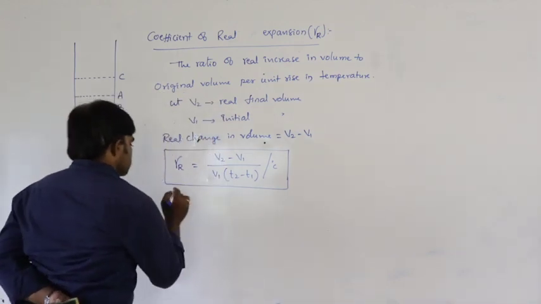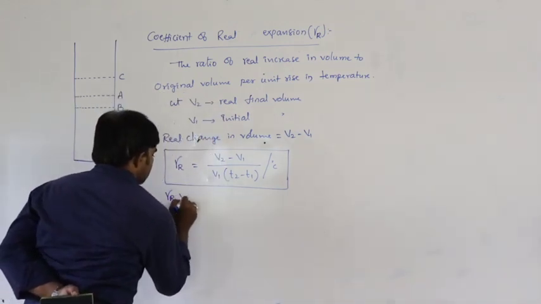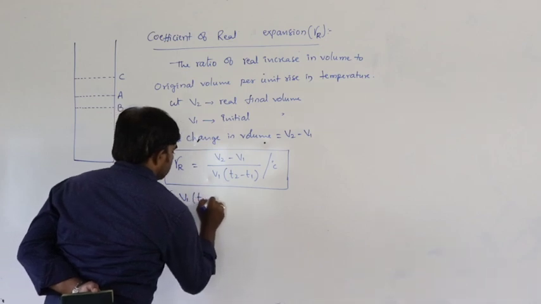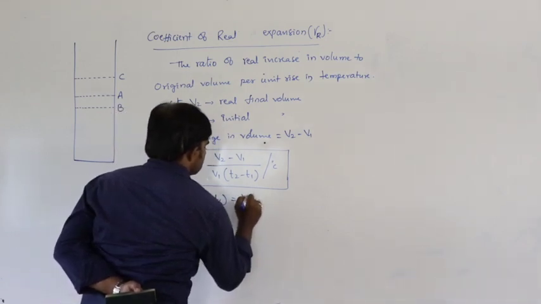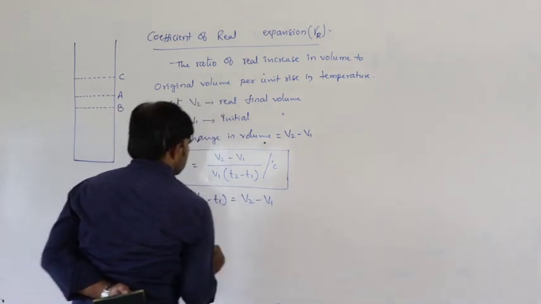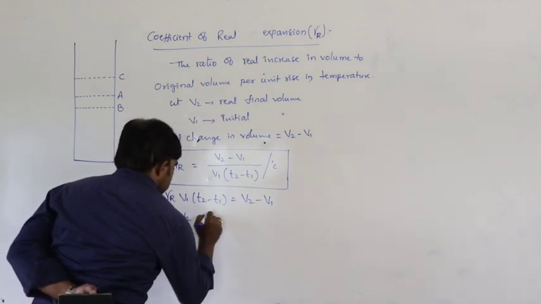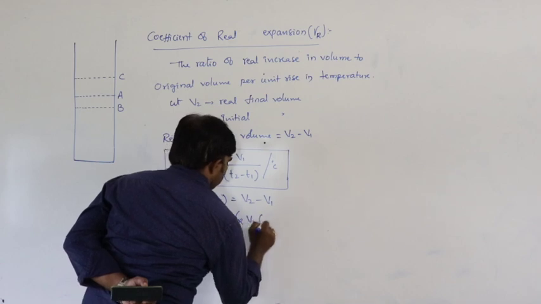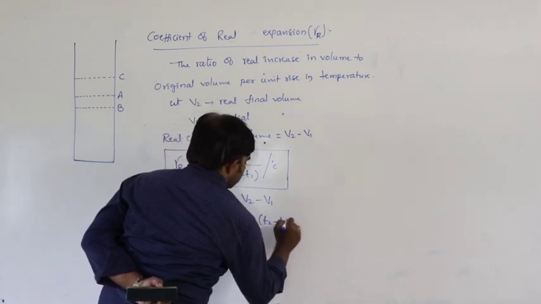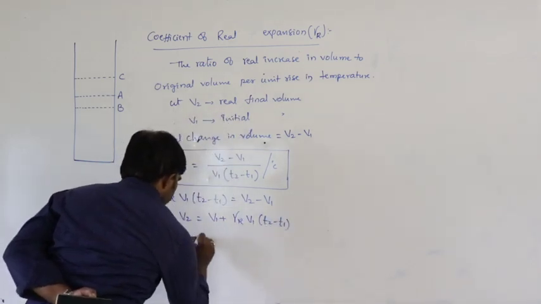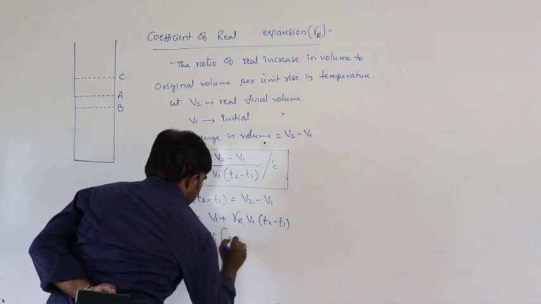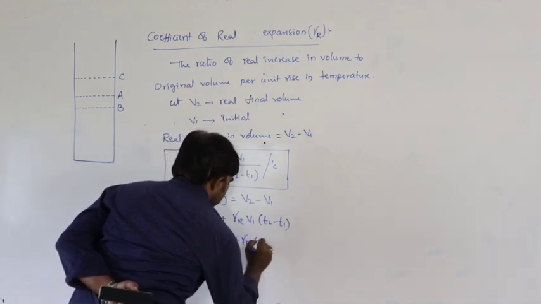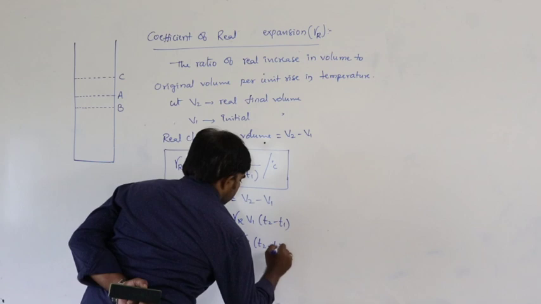Now from this we can write gamma R V1 into T2 minus T1 is equal to V2 minus V1. Therefore, V2 is equal to V1 plus gamma R V1 into T2 minus T1. So V2 is equal to V1 common, 1 plus gamma R into T2 minus T1.